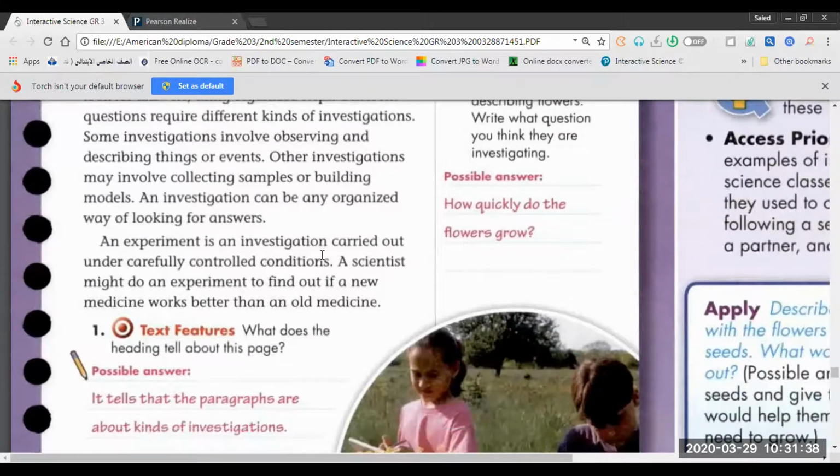An experiment is another type of investigation. Why? Because it is carried out under carefully controlled conditions. A scientist might do an experiment to find out if a new medicine works better than an old medicine. This is an example. If you are a pharmacist and you want to use a new medicine, you have to test the medicine first before you give it to a patient.